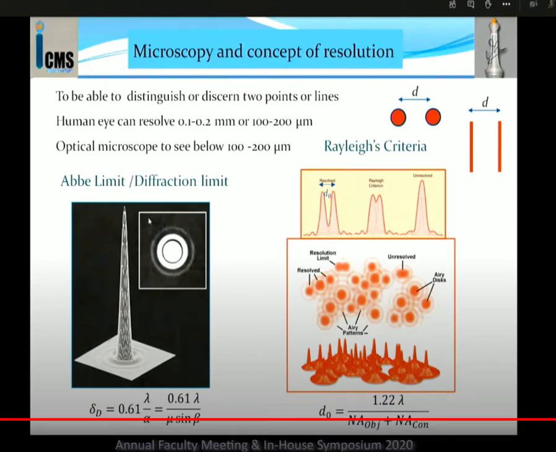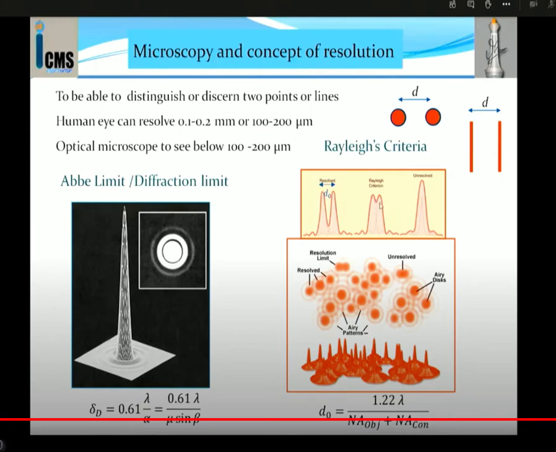If you have an ideal lens, you image a point as a disk because you are diffraction limited. This disk is known as the Airy pattern, and the expression for the Airy radius is given by 0.61 lambda over mu sine beta, where lambda is the wavelength of the illumination and mu sine beta is the numerical aperture. The Rayleigh criterion of resolution is defined by a distance d naught.